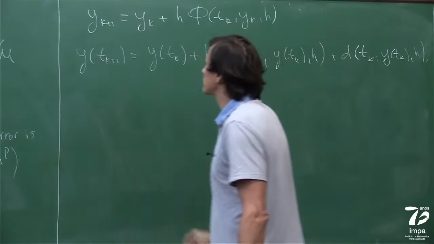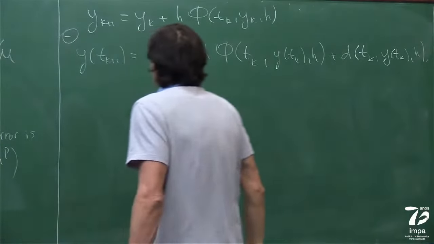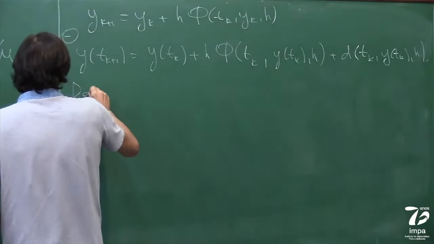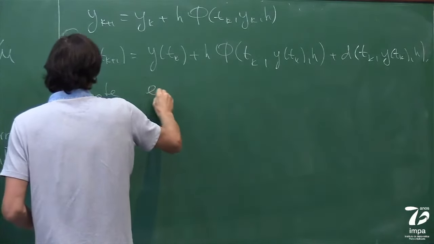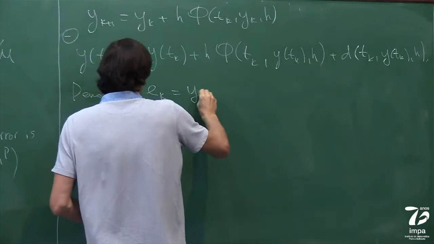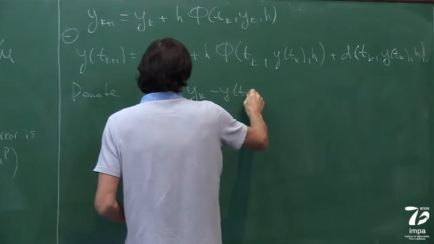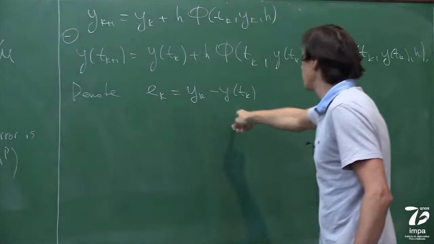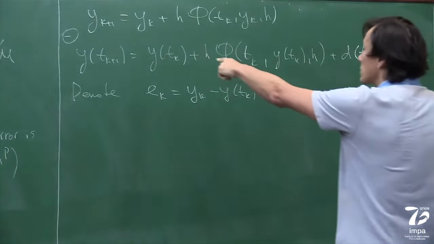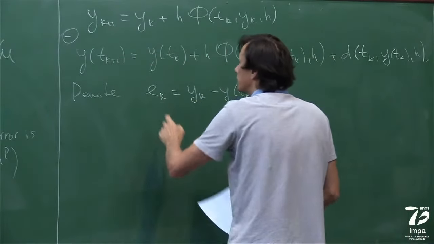Okay, now we subtract one from another and denote the difference by e. So e_k will be y_k minus y(t_k). So this is the error at step k. When we subtract, we get this e_k.